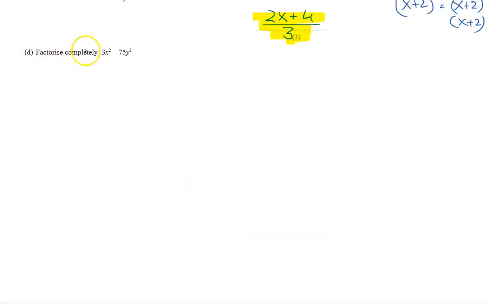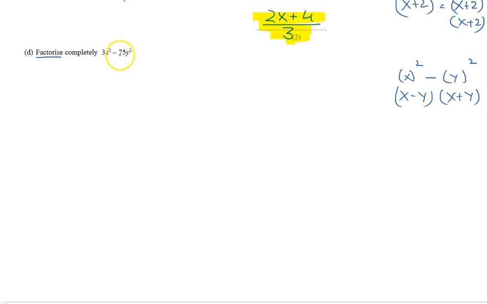Part D, factorize completely. Whenever we have a question like this, a negative sign and the squares, these are x and this is y, so we can use x minus y and x plus y for factorization. Whenever it says factorize, the answer should have brackets.